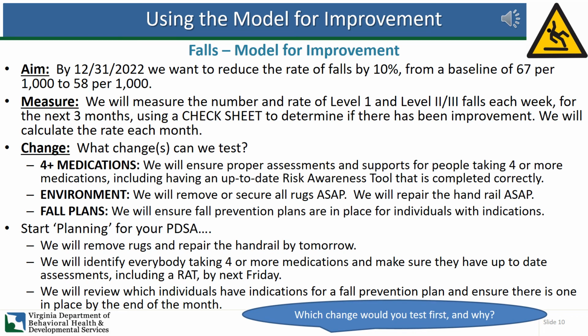So we want to start planning our Plan, Do, Study, Act. So our plan is that we will remove rugs and repair the handrail by tomorrow. We will identify everybody taking 4 or more medications and make sure they have up-to-date assessments, including a risk awareness tool by next Friday. And we will review which individuals have indications for a fall prevention plan and ensure there is one in place by the end of the month.